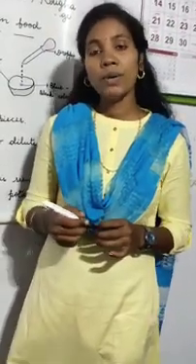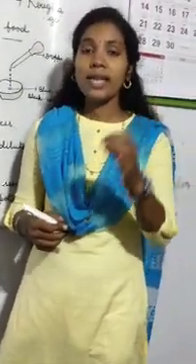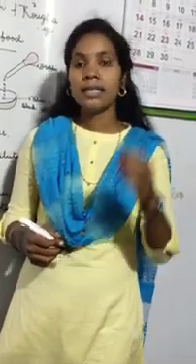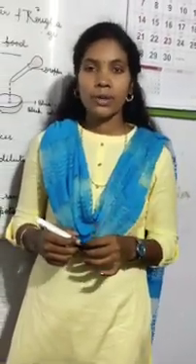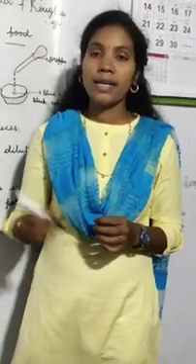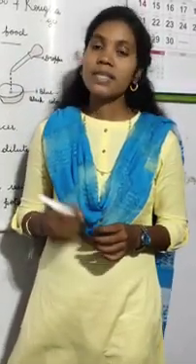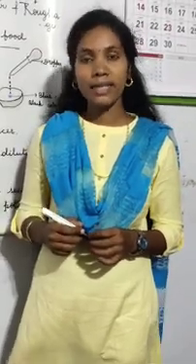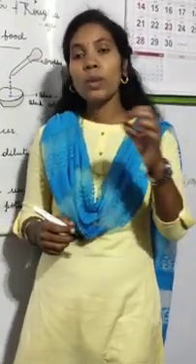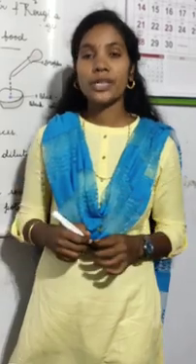So here we will test for the presence of starch in a given food. To test the presence of starch, we use a dilute iodine solution. This test is based on the fact that iodine produces a blue-black color on combination with starch.